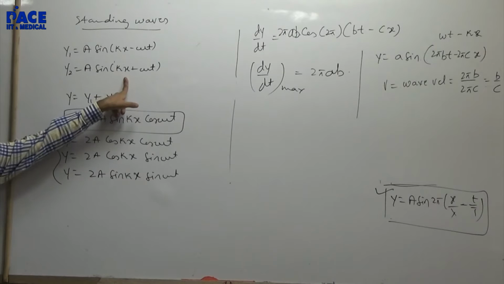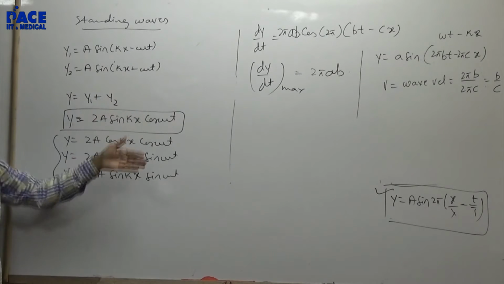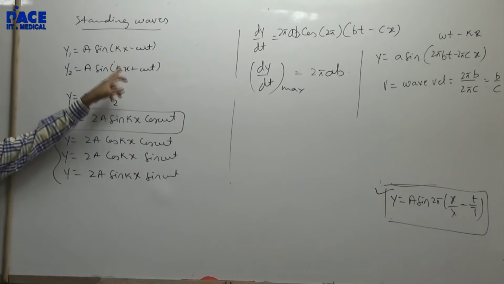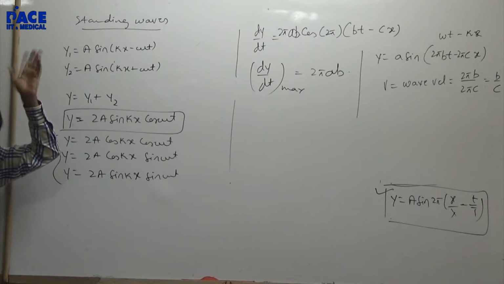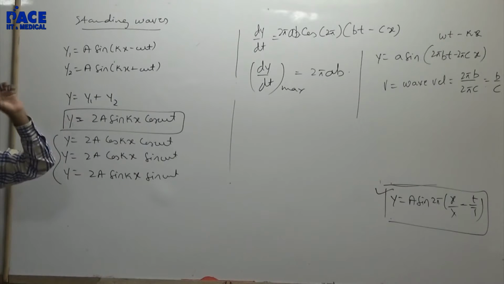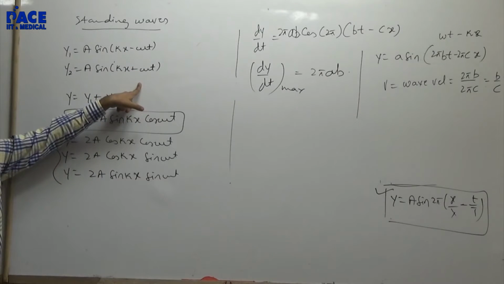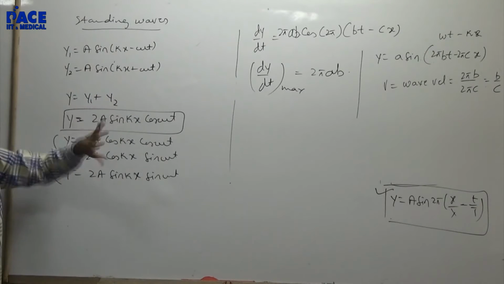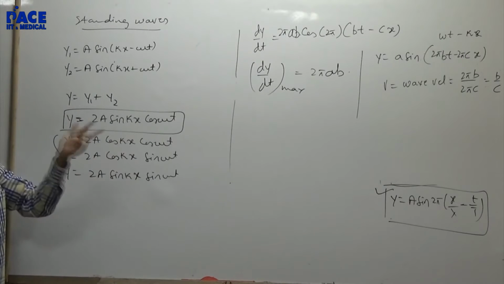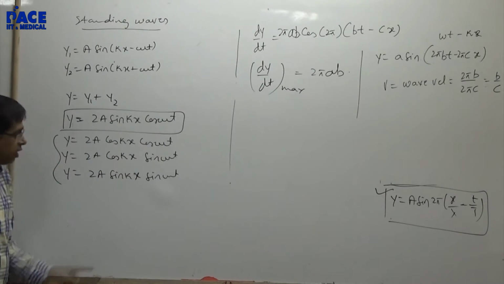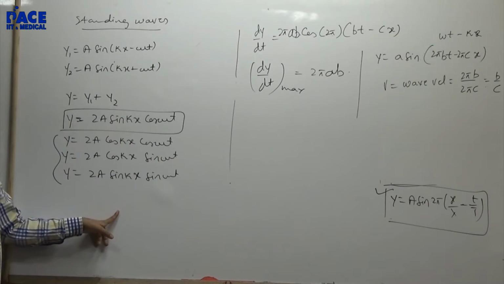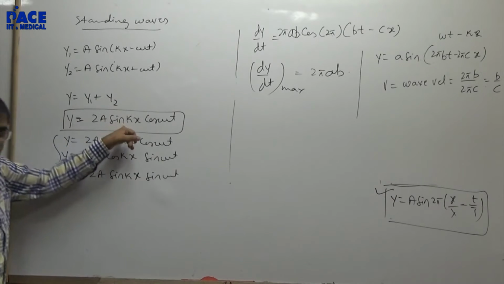Put a phase difference of pi. You will keep getting each one of them. Sin c plus sin d, sin c plus sin d plus pi. Don't put sin c minus sin d. Right? Sin c plus sin d, sin c minus sin d, cos c plus cos d, cos c minus cos d. You will get 4 options. Right? Generally we go with this.